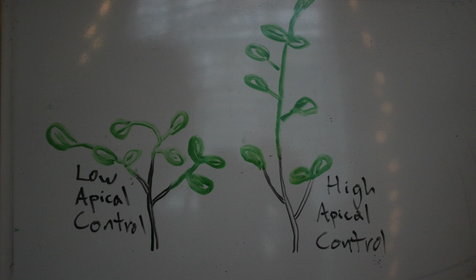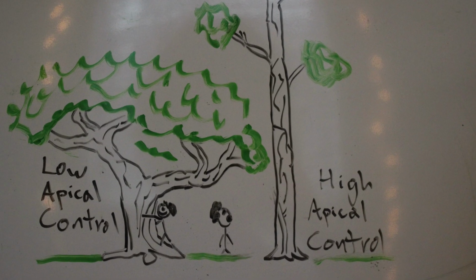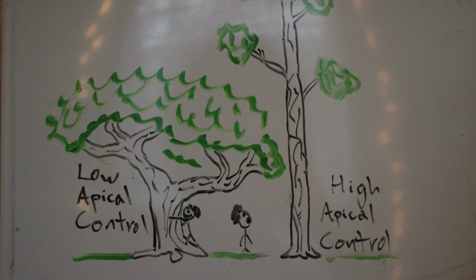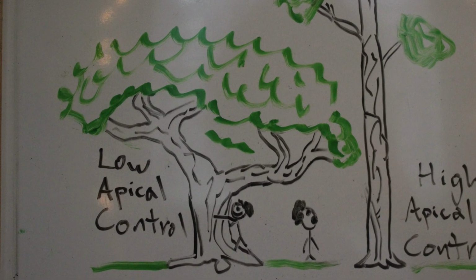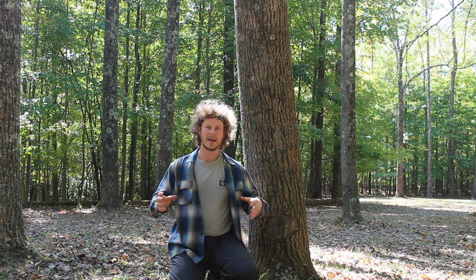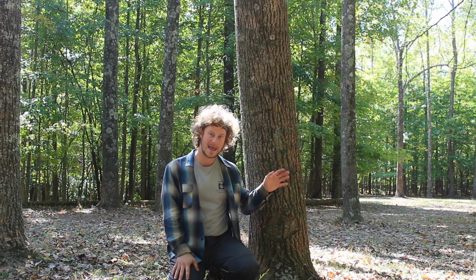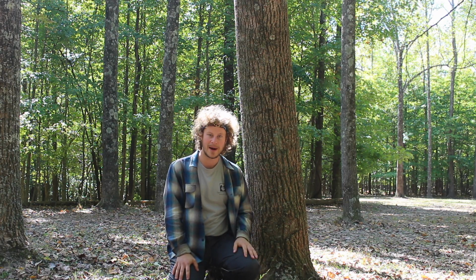And we can really see this in a lot of different types of trees. Some trees like to grow very straight and tall, like our friend the tulip poplar, and other trees really spread out like a huge spreading oak tree. Now, what's the advantage of having the different kinds of apical control? Well, we'll talk about the advantages of the high apical control that the tulip poplar has in its native hardwood forests here in the eastern part of North America.